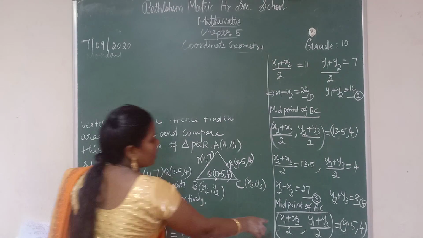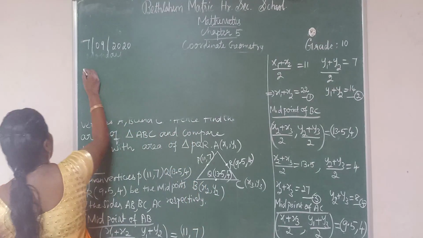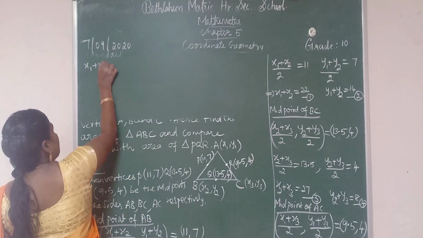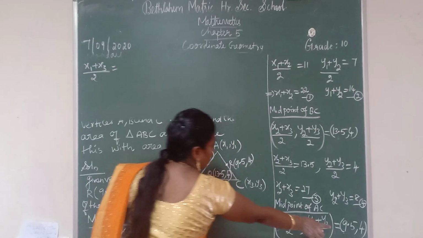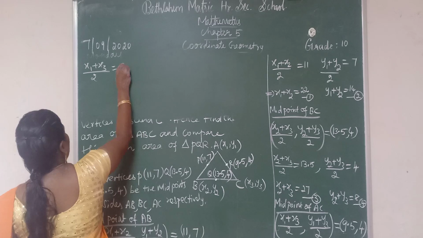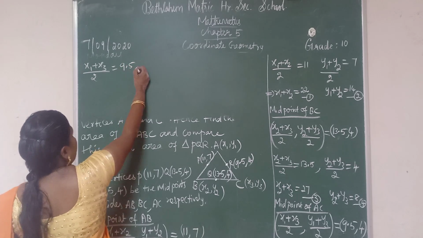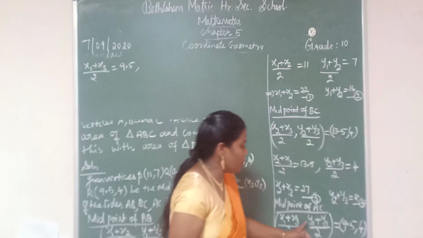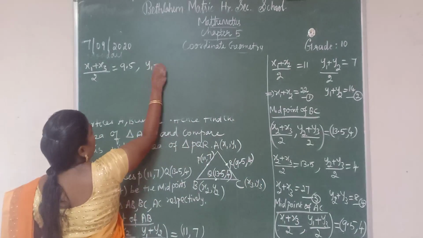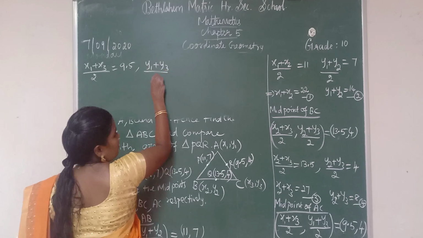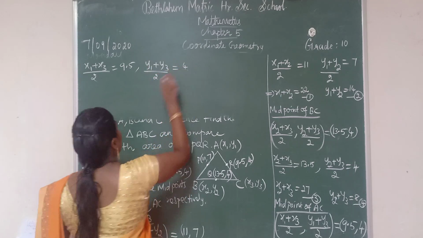Equating the coordinates, we get (x1 plus x3) by 2 is equal to 9.5 and (y1 plus y3) by 2 is equal to 4.